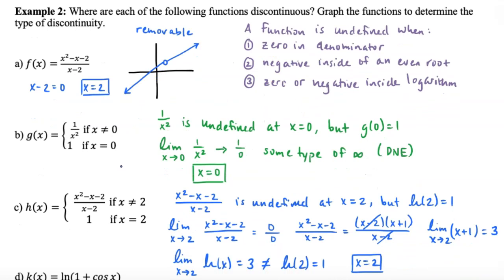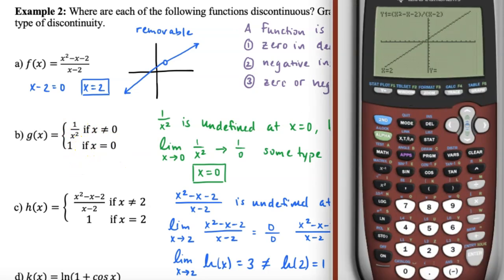So next, I've got a piecewise function. Now to graph this piecewise function, if I want to use my calculator, I can't quite graph the pieces, but I can in my head know that g of 0 is 1. So I know what that point looks like. It looks like a point at 0, 1. So let me keep that in mind as I graph this first function of 1 divided by x squared.